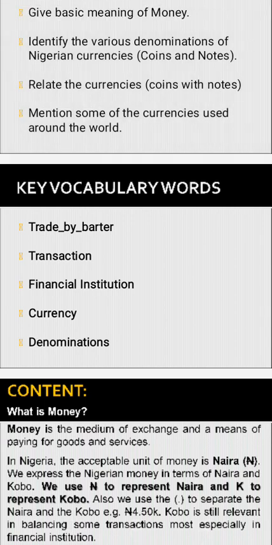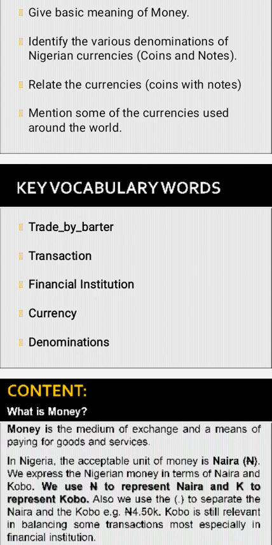Currency now. Currency is a term acceptable for money all over the world, but currencies differ from one country to another. Then denominations. We are not talking about religion here.